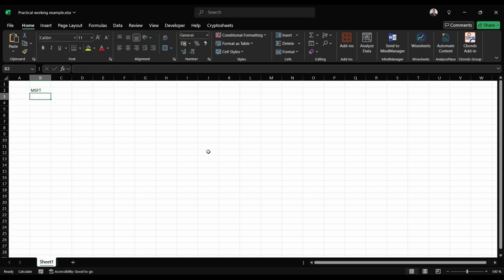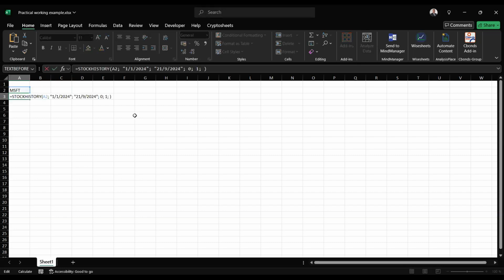Sorry, not the proper cell. So the predefined function applies to this equity ticker, Microsoft, as you can see here with the reference to the cell. Then goes the parameter of the start date.